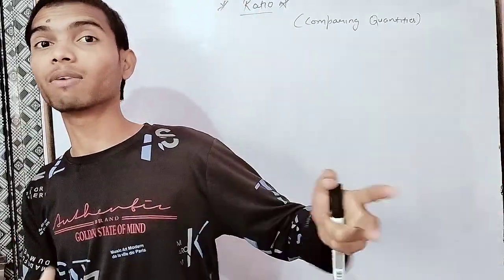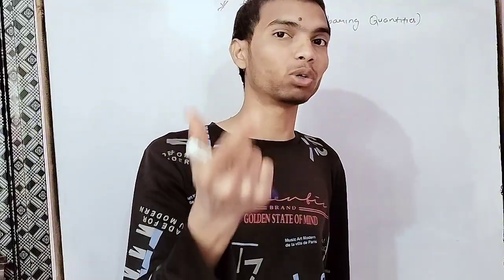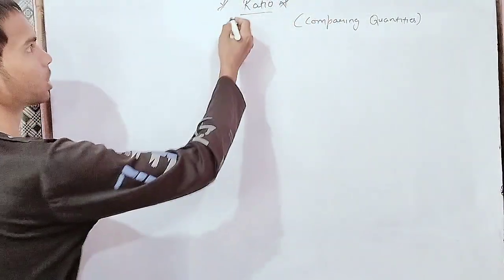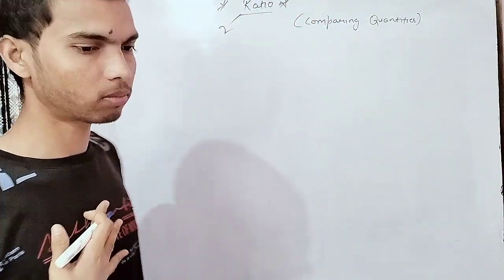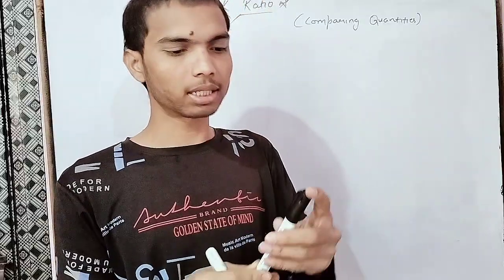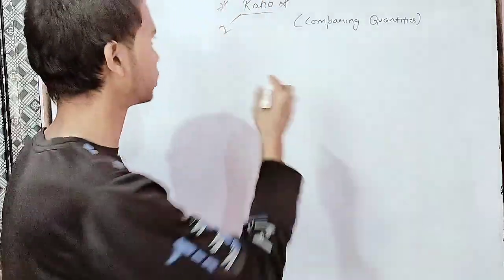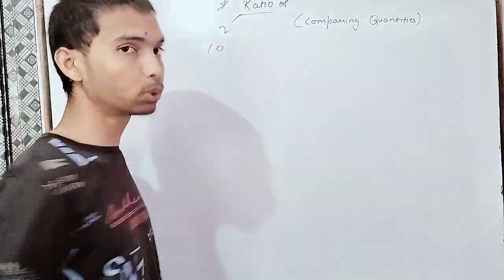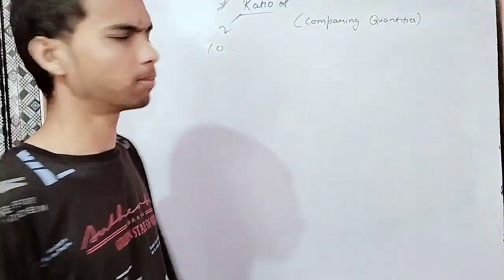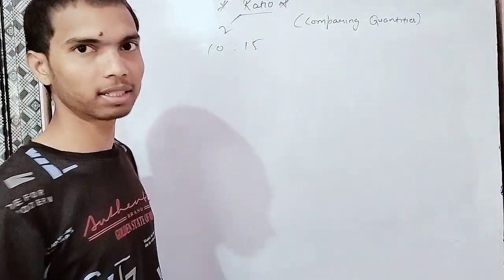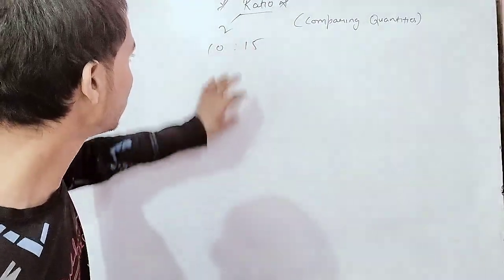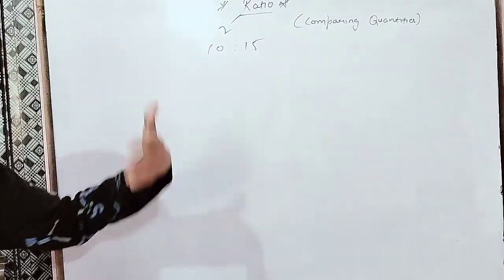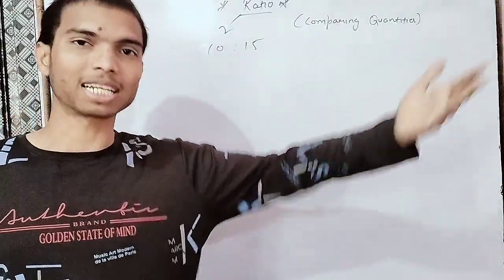We just convert our statement into mathematics. First of all, I say that the price of this marker is 10 rupees, and the price of this black marker is 15 rupees. Like that, it is in mathematics.